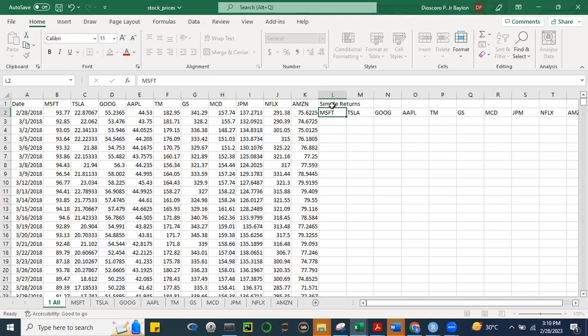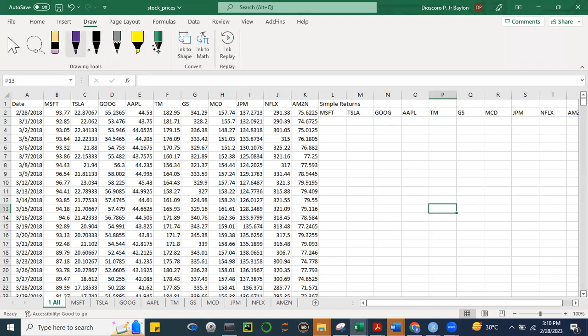Let's first learn the basics of computing for returns. The formula for simple returns is simply, let me draw.